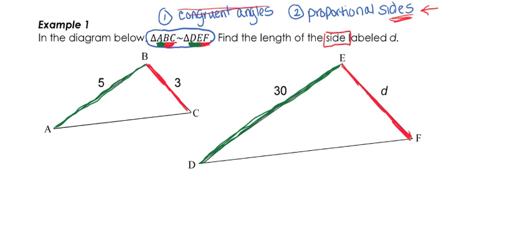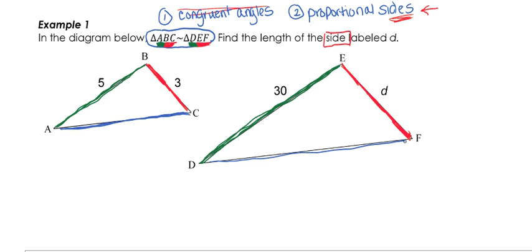Which means that the bottom sides of these triangles will also pair up or match up. The fancy mathematical term that we use for that is correspond. And that's going to be important because when I write my proportions, I want to make sure that I compare corresponding sides, or sides that match up. So for instance, when I go to write my first ratio, I'm going to compare the green side in the smaller triangle to the green side in the larger triangle.